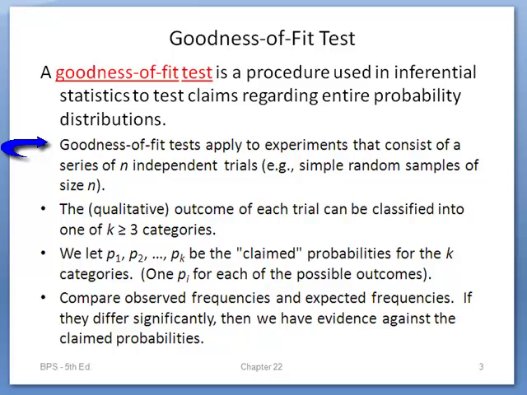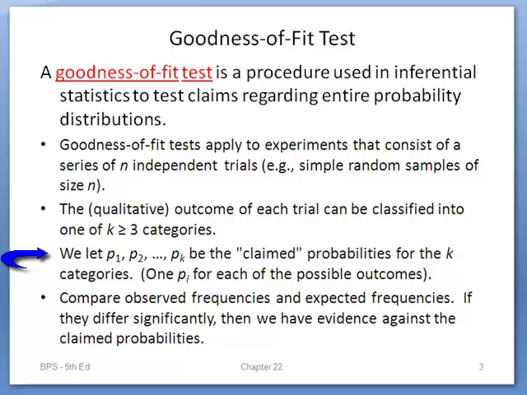Goodness of fit tests apply to experiments that consist of a series of n independent trials, that's simple random samples of size n. The qualitative outcome of each of these trials can be classified into one of more than 2 categories. In other words, you have to have 3 or more. Otherwise, you're just into a 2-sample problem.